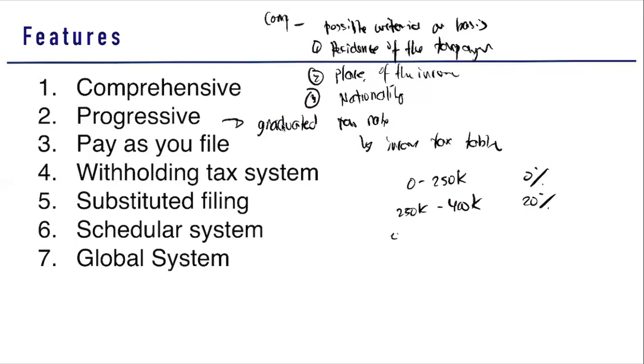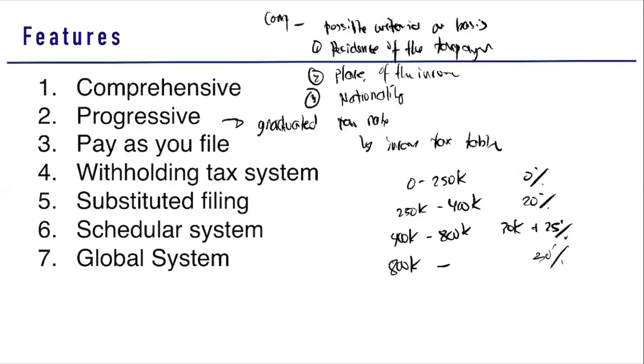And then we have 400,000 to 800,000, I think this is 30,000 plus 25%. 800,000 to I don't know already, and a certain percentage, 30%, etc. Okay, so as you can see, there is a graduation on the amount of tax.